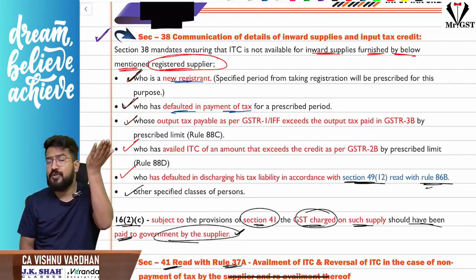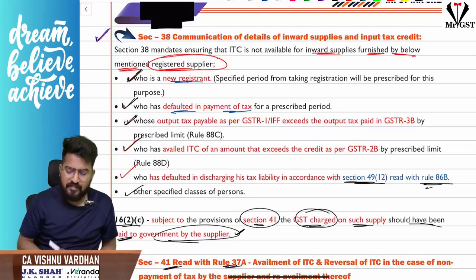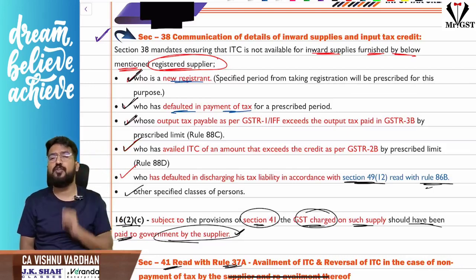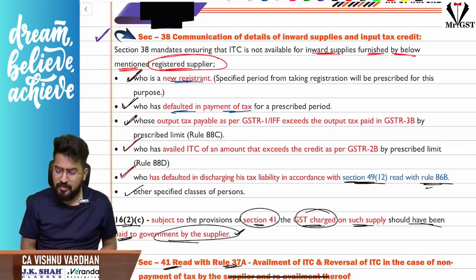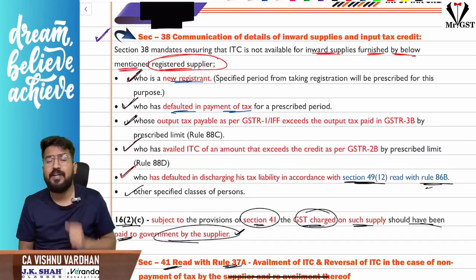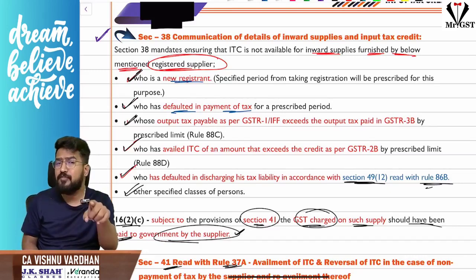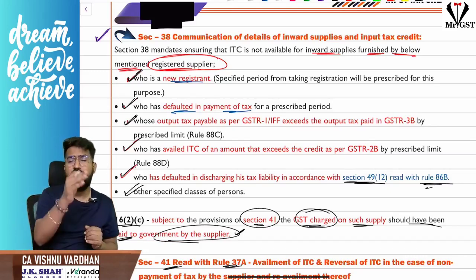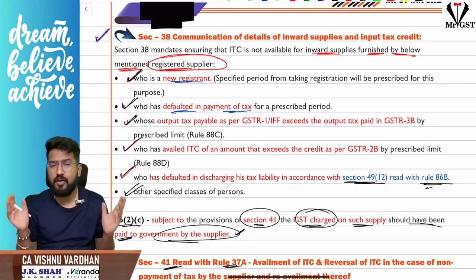So in one he is showing more liability, 3B is showing less liability. And who is availing ITC more than what is there in 2B, and who is defaulting his tax liability under section 49 subsection 2, that is rule 86B, or any other specified class of persons. From these people, if you buy something and if it is reflecting in your GSTR 2B, I am extremely sorry, we will not give you ITC.